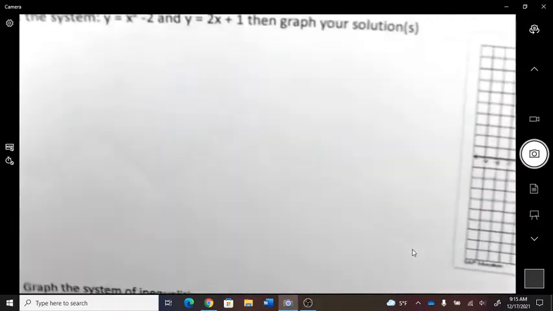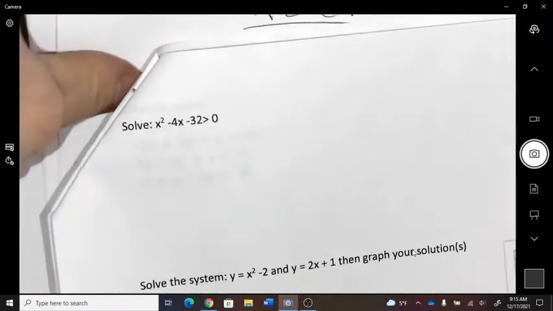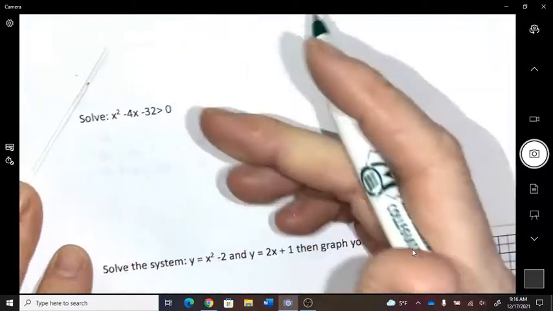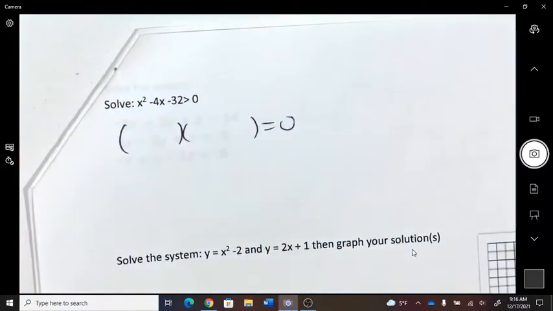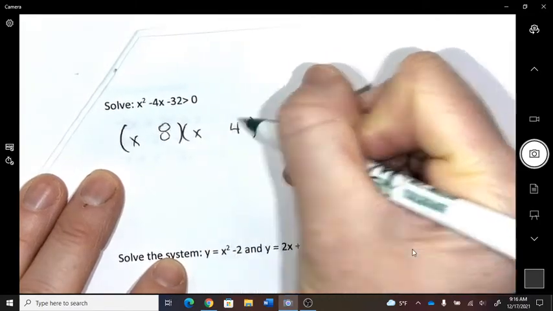Okay, next. Solving an inequality, nonlinear. Okay, so I'm going to first factor this and figure out where it equals 0. So it multiplies to -32. You're going to need an 8 and a 4, right?